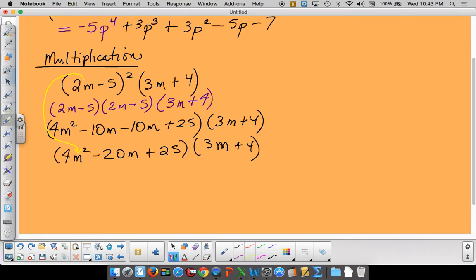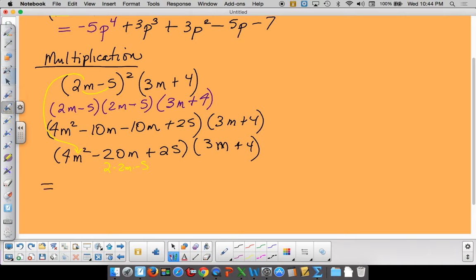The middle term was actually what you get when you multiply 2m times negative 5. That's negative 10m, and then we simply doubled it. So all you're really doing is taking your two terms and multiplying and then doubling it to get the middle term. And then, of course, the last term came from simply squaring negative 5, we got 25. So you can do it the shortcut, you can do it the long way, I don't care. As long as you get the FOIL right, I'm happy.